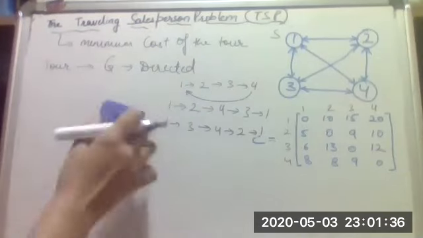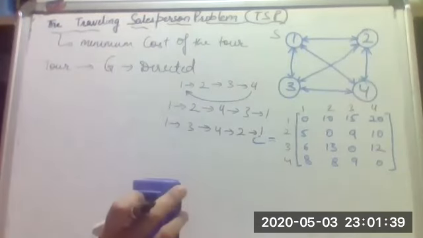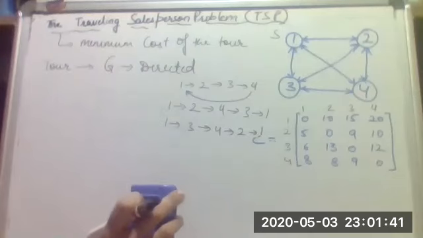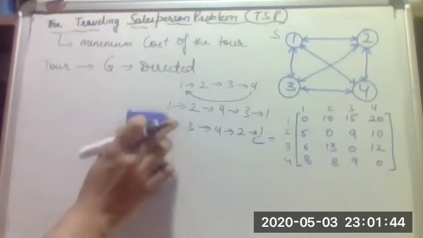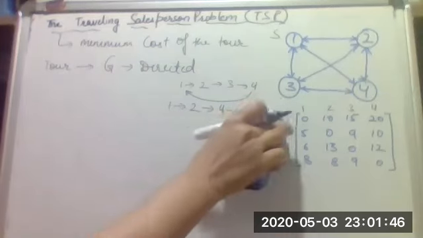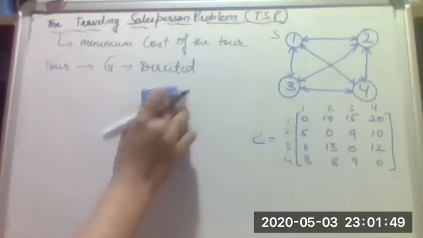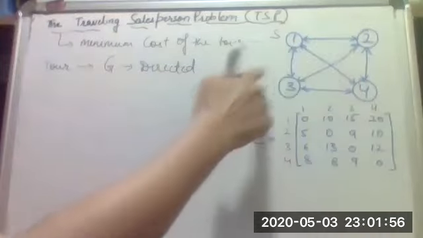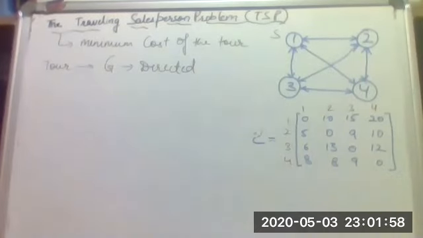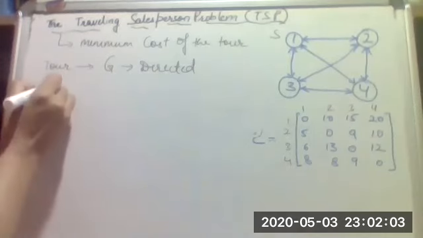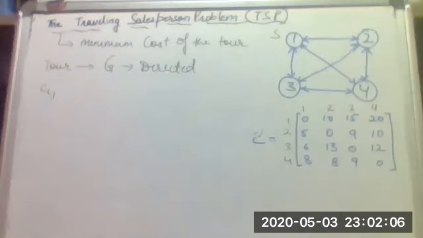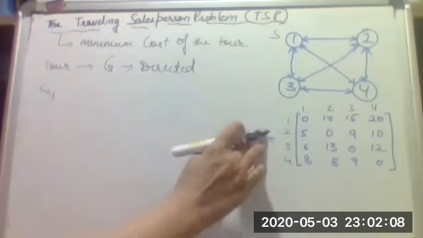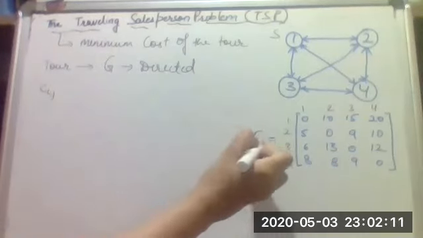So what is the minimum cost for the traveling salesperson? For that, we need to find the total cost of the tour, which is the sum of the cost of the edges involved in the tour. For that we have Cij, where C is the cost matrix given to us.